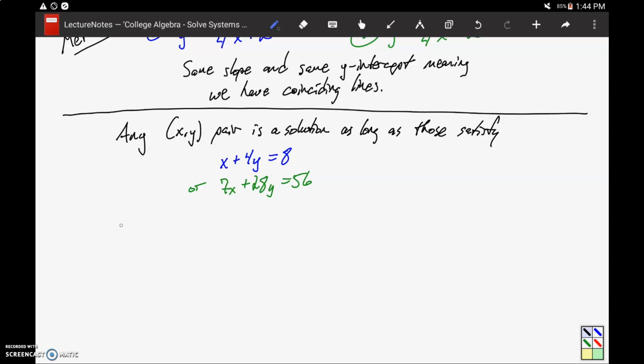So in order to write our solution, what we want to do is use a set of curly braces to say that our solution would be all coordinate pairs xy with a vertical line, meaning such that x plus 4y is equal to 8, and y is any real number.